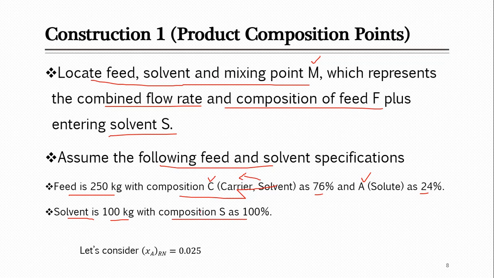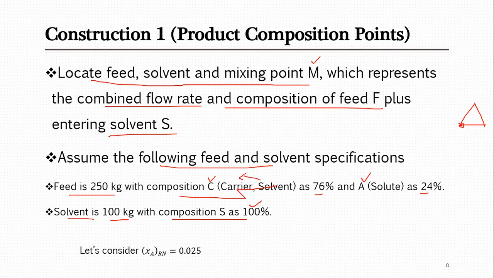S is 100%. By the way, we have already talked about this in the previous lecture, that the solvent is 100% pure. But suppose it is not 100%, what will happen? Just think over it. As you remember, when something is 100%, it is located at the apex corner of your triangle. Suppose this is your solvent, at 100%, it will be located here.